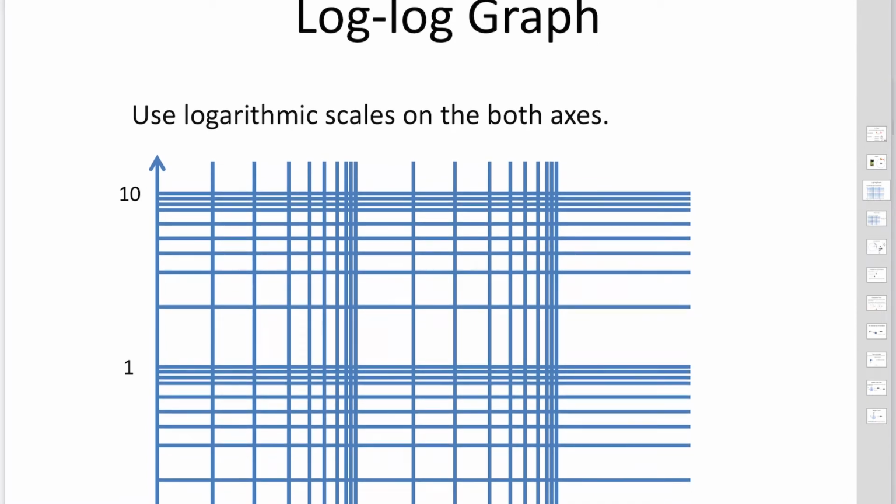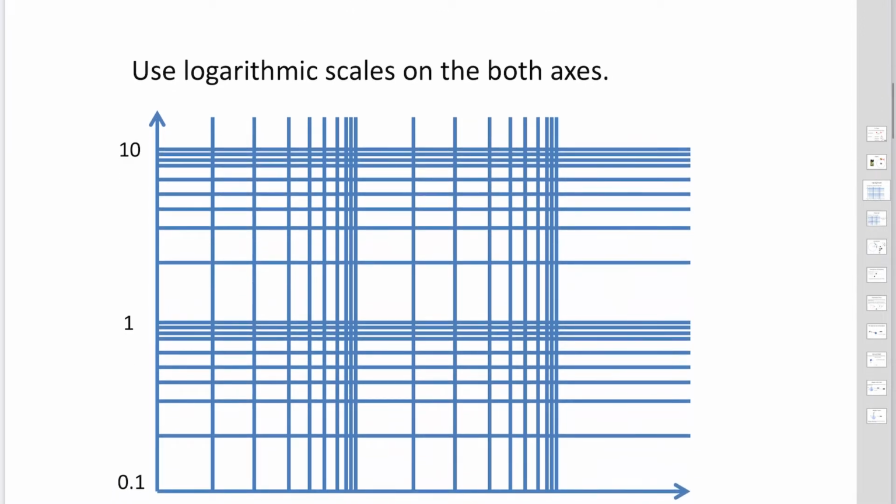When we would like to find a law from observational data, we plot the data on a graph. Today I introduce an interesting log-log graph. This log-log graph uses a logarithmic scale on both axes.